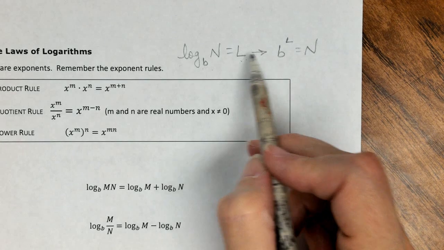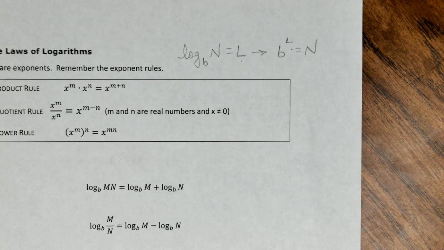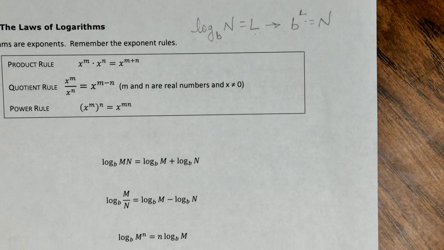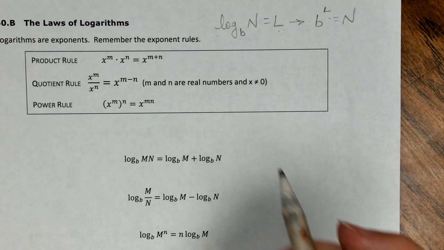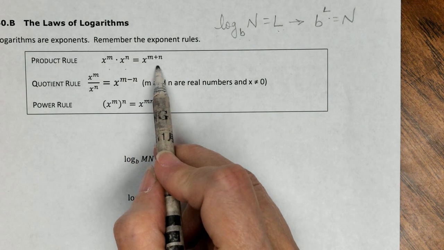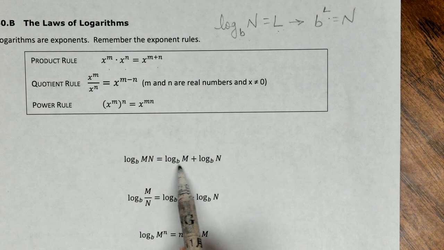The logarithm is an exponent, and because of that, the same rules that apply to exponents apply to logarithms. So here in the box, we have a review of it. It says when you're multiplying and they have the same base, you add the exponents. Exponents are logs, so when we multiply, we add.